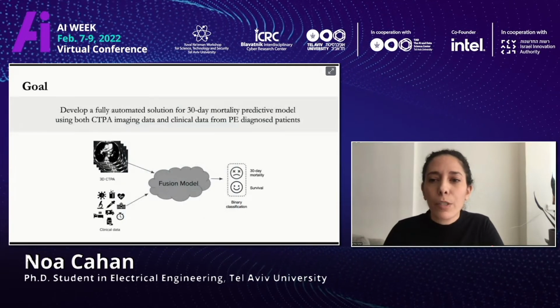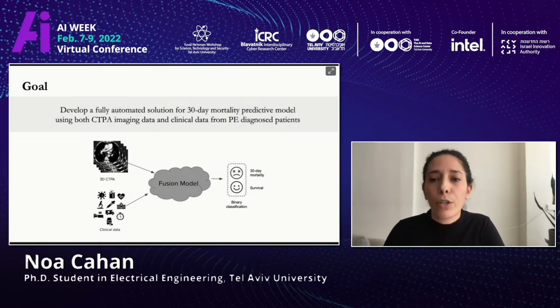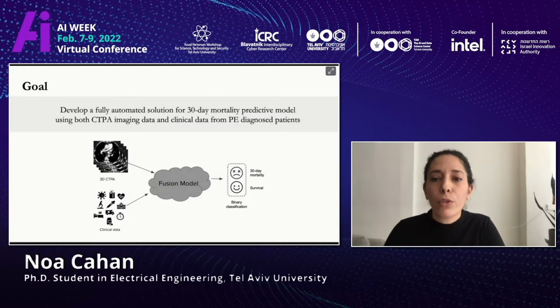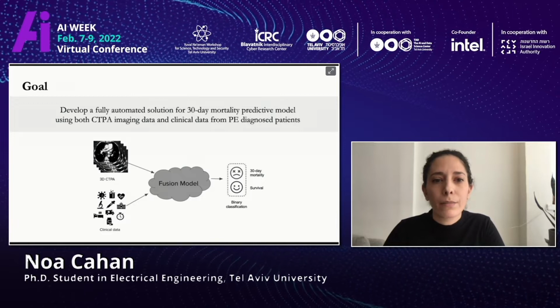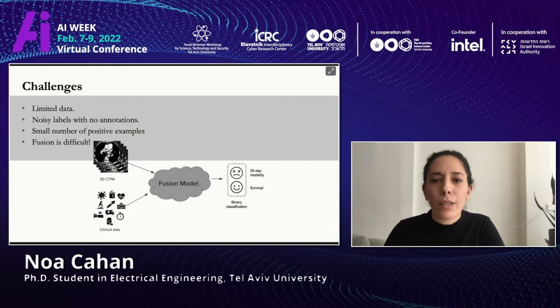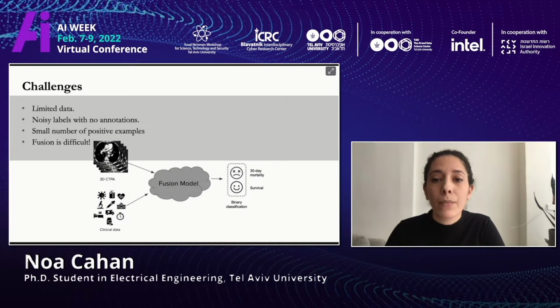In this talk, we will specifically focus on the task of finding predictive models for 30-day all-cause mortality for patients who were diagnosed with PE from two different data modalities, imaging and clinical data. There are a few challenges when considering this task. Medical data is extremely limited.